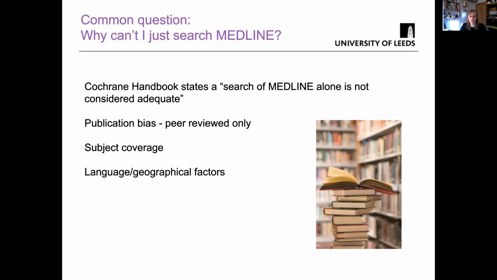Another issue with Medline is the subject coverage. It covers medicine and health in general very well, but other databases cover some particular aspects much better. So Embase, which is a European database, is very large as well, but it covers drugs information better than Medline. It has more pharmaceutical journals.